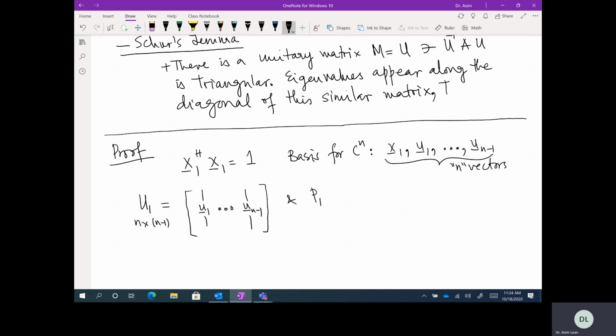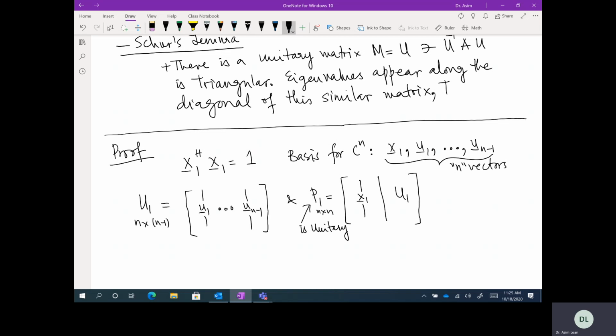And let's form P1 equals, the first column is x1, and then I have U1. Okay, so it's a partitioned matrix. This is unitary. So P1 is unitary. So this is actually n by n. So first column here, n minus 1 columns there, and this is n. So this is unitary.